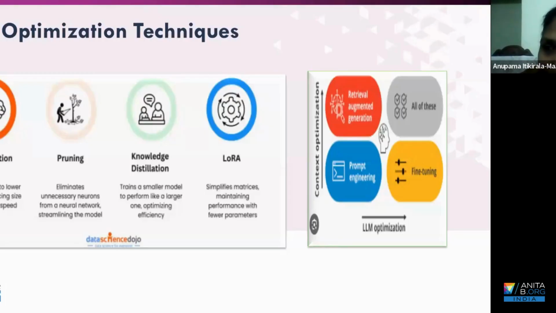And knowledge distillation, there's a very well known example of a student and teacher, meaning whatever exhaustive knowledge the teacher has, she or he will transmit that to the students. So that's called the knowledge distillation pattern. And LoRA is another one, which talks about maintaining the performance with fewer parameters. Am I audible?